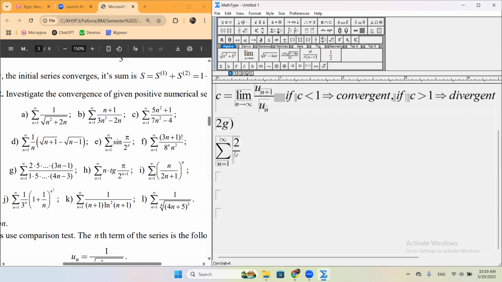So 2 by 5, and so on, by 3n minus 1. And here, 1 by 5, and so on, by 4n minus 3.